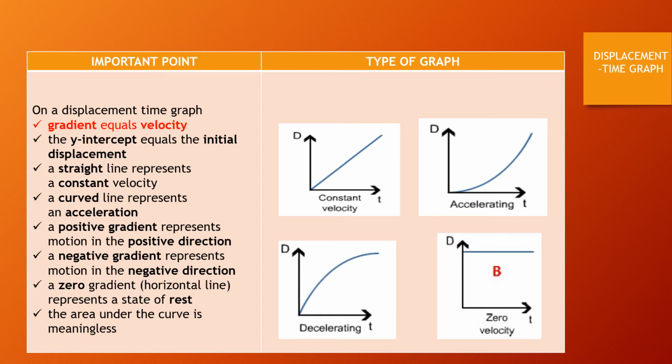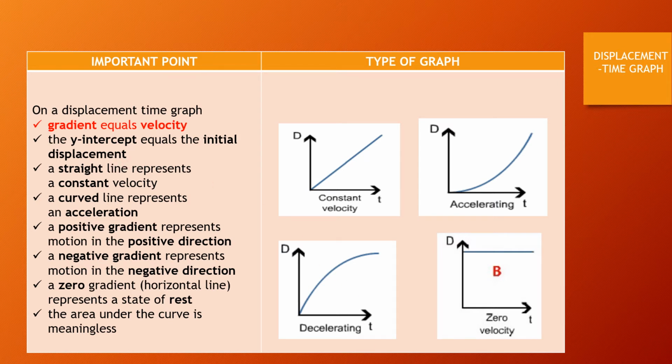Now let's look at the first one, which is a displacement time graph. In a displacement time graph, the y-axis represents displacement and the x-axis represents time. You see all these blue lines here? They are gradients and they equal velocity. The y-intercept equals the initial displacement.